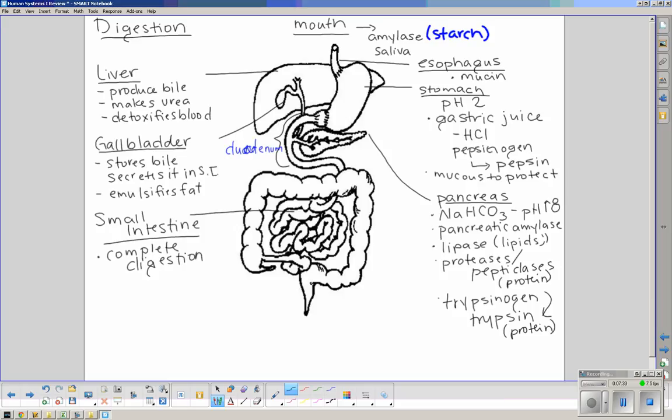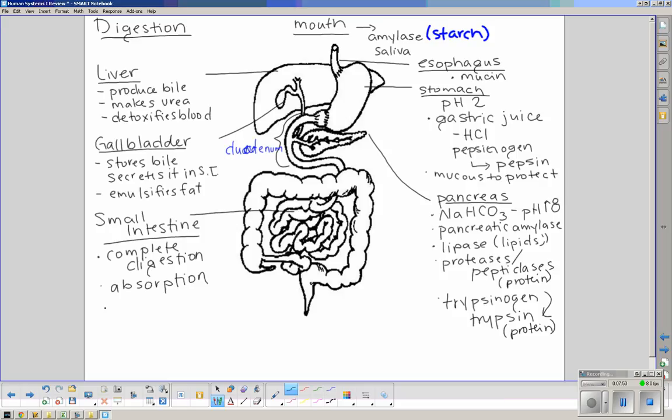Also, what needs to happen here is absorption. So these molecules that have been broken down have to be small enough to pass into the bloodstream so it's possible for the organism to use it.